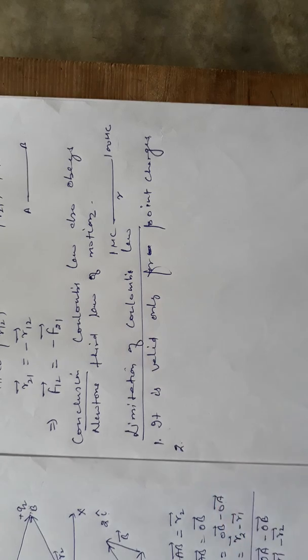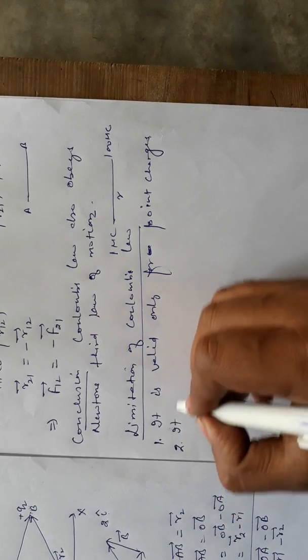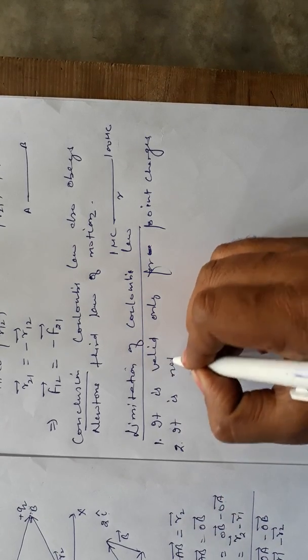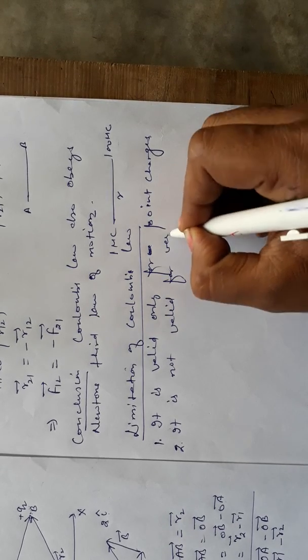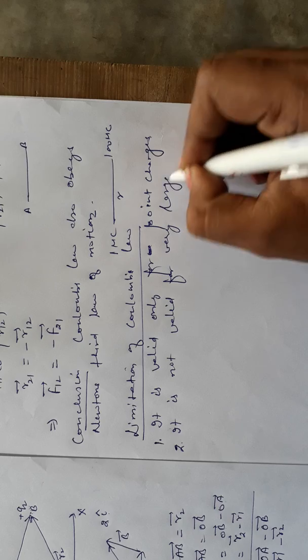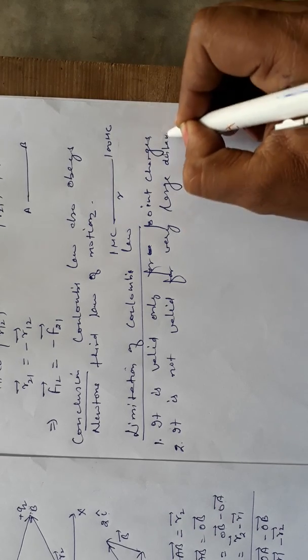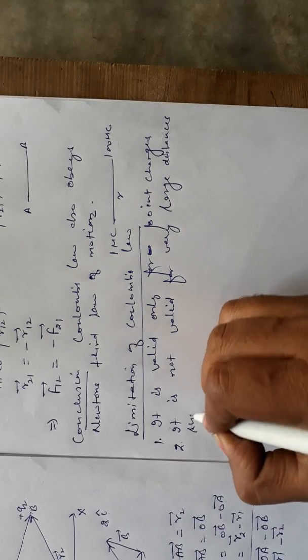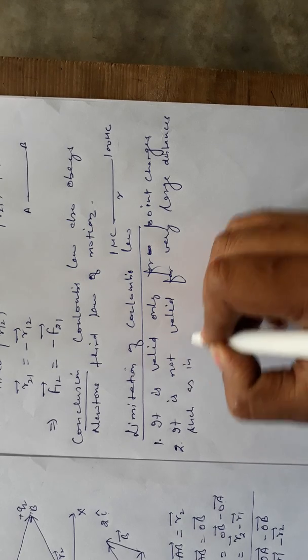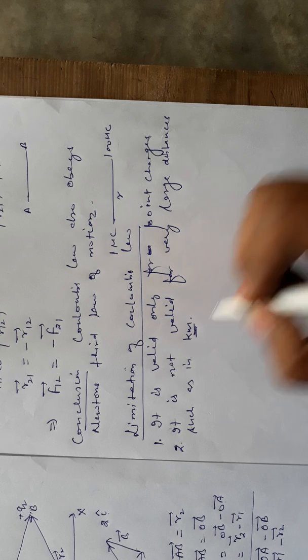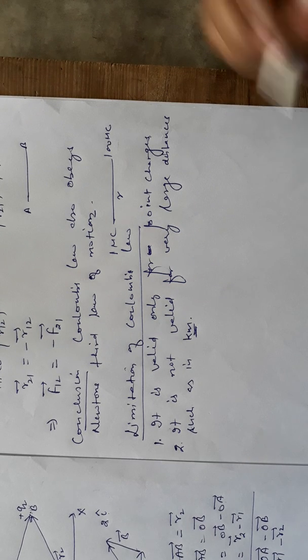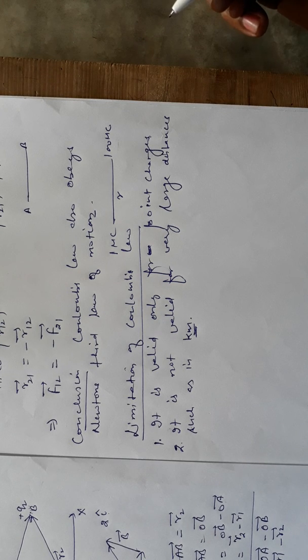Second limitation of this Coulomb's law is that it is not valid for very large distances, such as in kilometers. So suppose two charges are separated by a distance of 1 kilometer, 2 kilometer, in that case also you cannot apply Coulomb's law to find the electrostatic force.